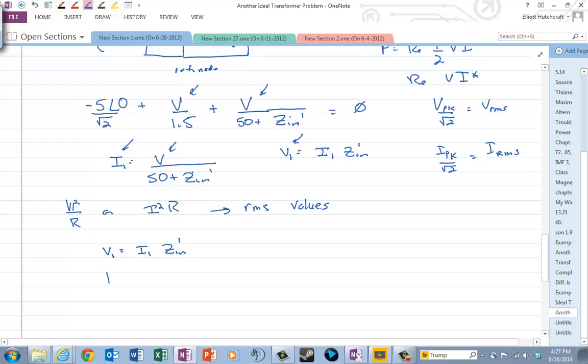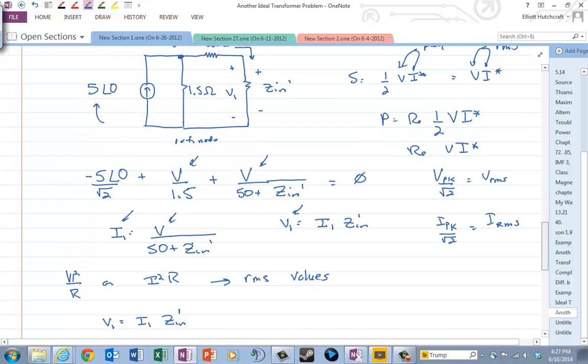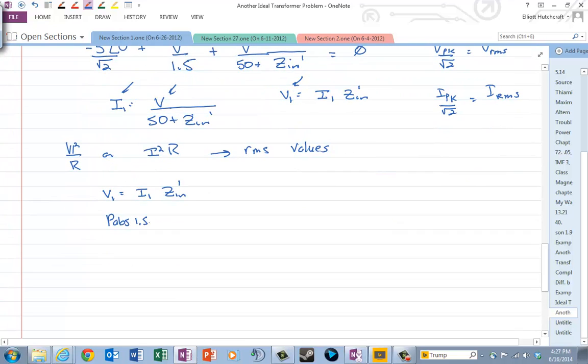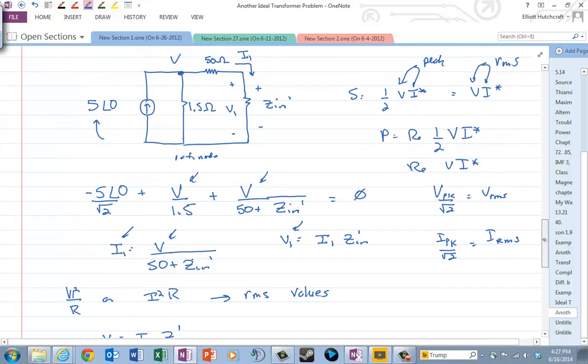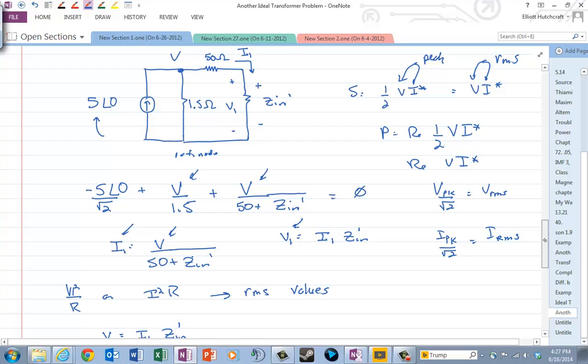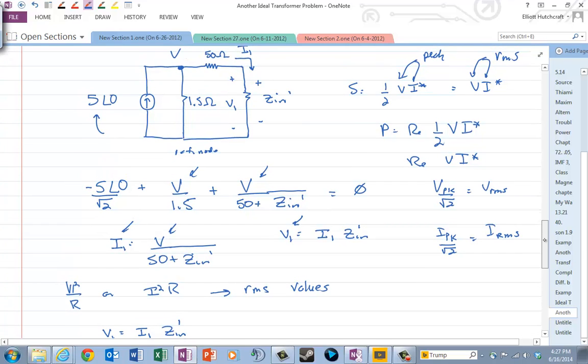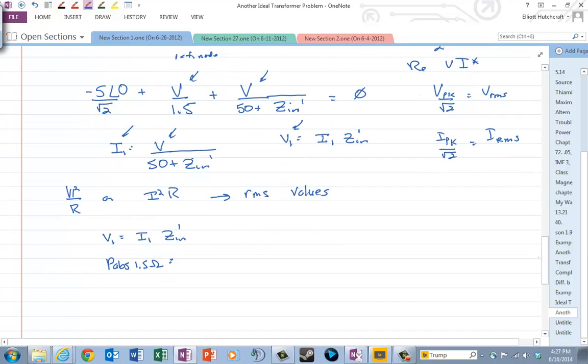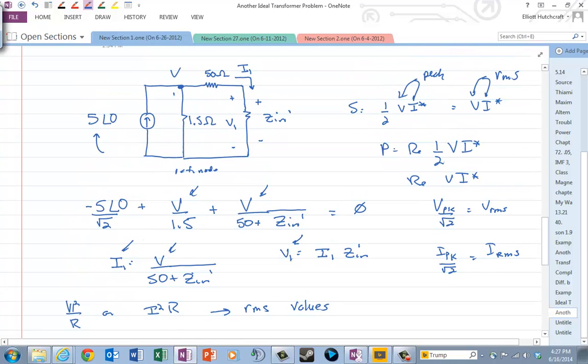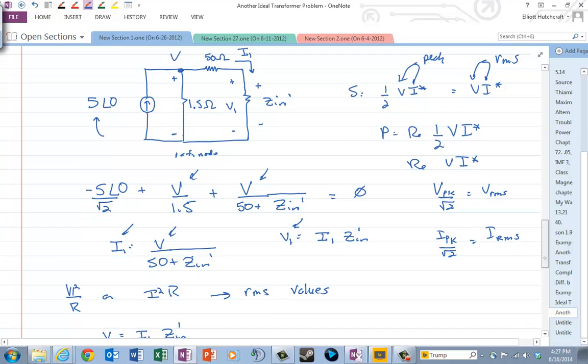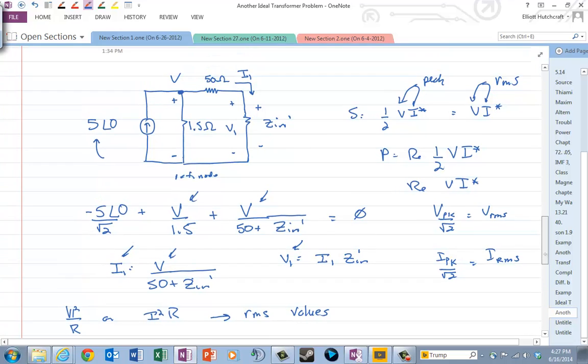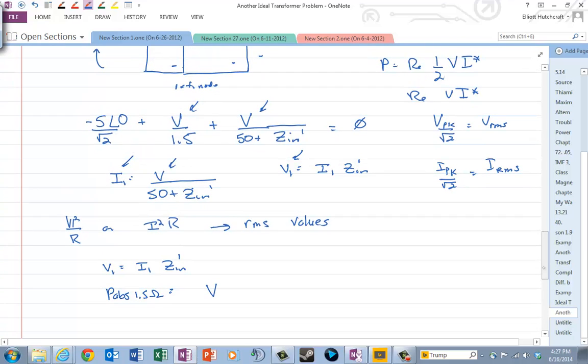And if I want to find the power absorbed in the 1.5 ohm resistor, then the power absorbed in the 1.5 ohm is that V, because V is across here between there and my reference node, and I need to take that value.